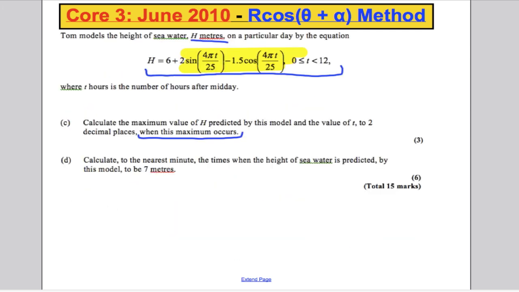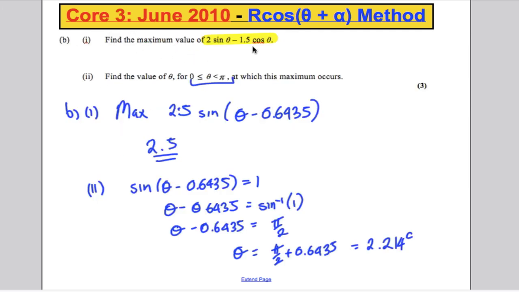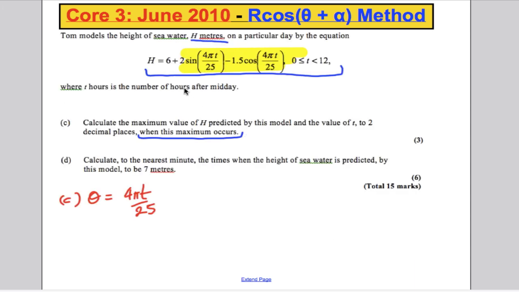So for part C, you can make the substitution theta is equal to 4 pi t over 25, can't you? So therefore the maximum value of this, well, we previously worked out the maximum value of that is 2.5. So the maximum value of h, I'll call it h max, well, it must be the 6 plus 2.5. So it must be 8.5 meters.